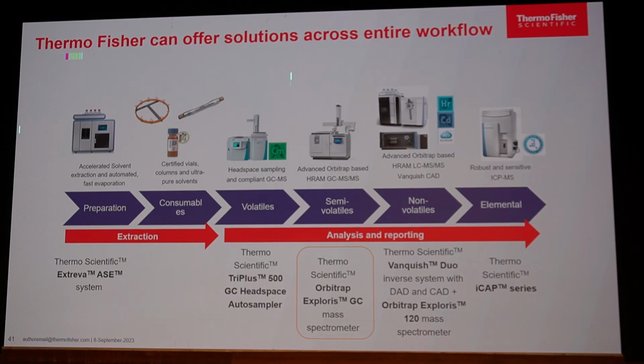When it comes to analysis and reporting, for volatiles we can have headspace with GC-MS. Semi-volatile, today we are talking about the GC Orbitrap, so that we can do on either GC-MS or GC-HRMS, but GC-MS will have some limitations, while HRMS will give you the complete idea about your extractables. Non-volatile, we have IC, LC-HRMS, and for trace elemental, you can do it with the ICP-MS.